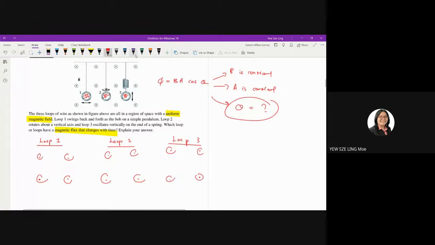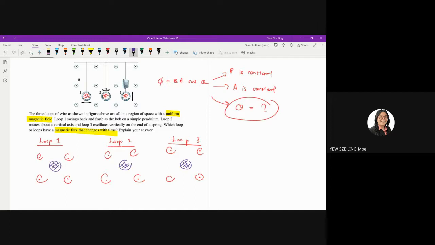So initially, my coils are all placed like this. This is the coil with the plane facing us, the plane that is perpendicular to the field. If the plane is perpendicular to the field, it means that the vector A and B are parallel to each other. Try to imagine you have a plane like this, and then you put a pen on the screen, the pen facing you, pointing towards you.